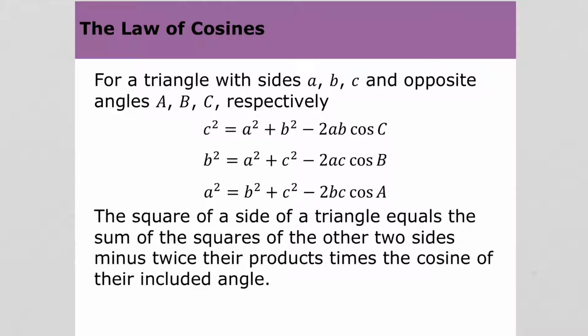So here's the law of cosines. C squared equals A squared plus B squared minus 2AB cosine C. Now, notice how this is organized.